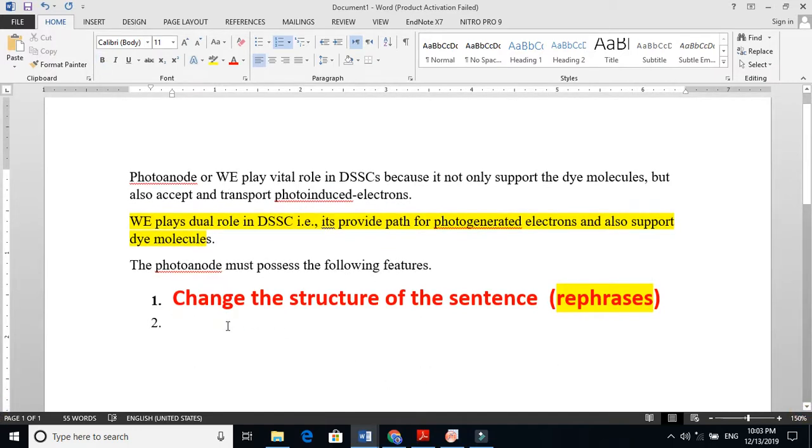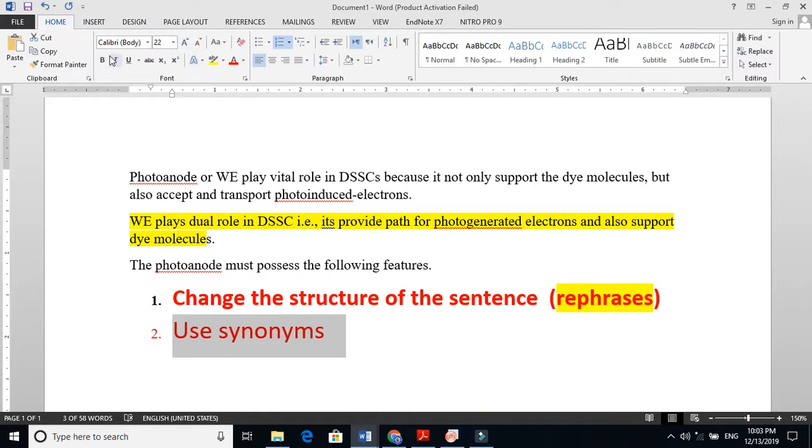Number second is use synonyms. Synonyms mean words having similar meaning. Okay, I am not writing because it's going to be a very lengthy video. This is called use synonyms. This is very interesting. This is another way. For example, I wrote here that it provides, it accepts and transports photo-generated electrons, and for example it plays a vital role.